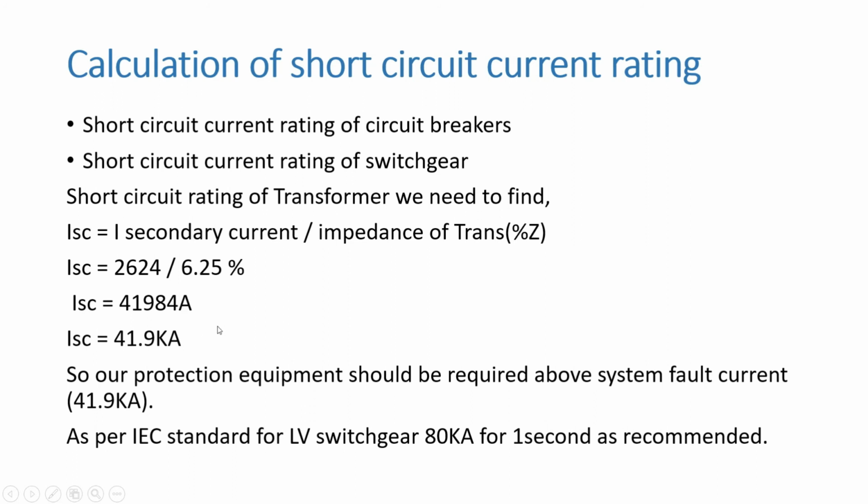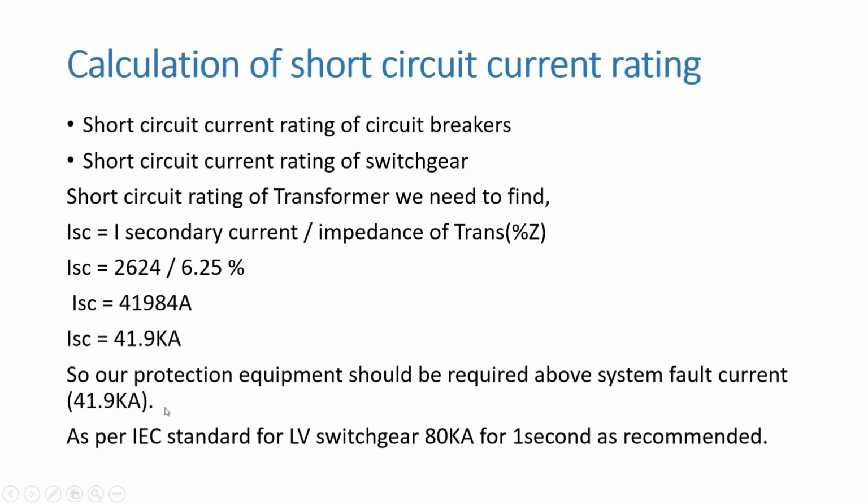To convert into kilo ampere, just divide by 1000, so I will get ISC equal to 41.9 kilo amps. So our system short circuit rating is 41.9 kilo ampere. Whatever protection equipment we use in this distribution system, its short circuit rating should be greater than this 41.9 kilo ampere, which is the system short circuit current.